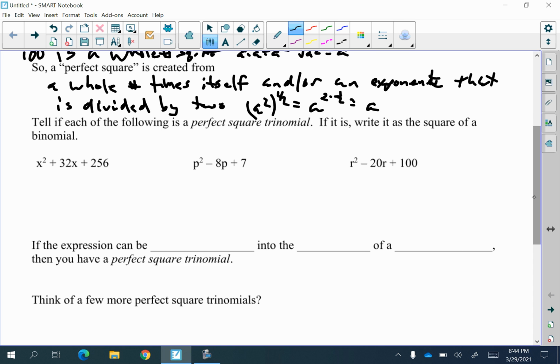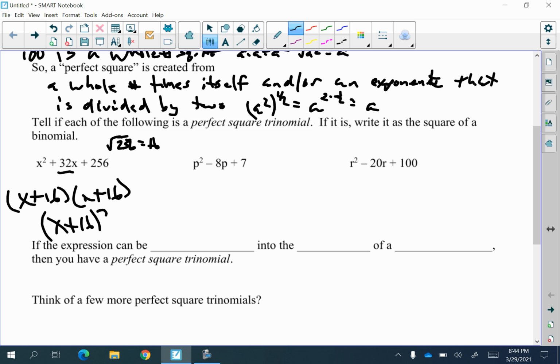If you figure out the square root of 256, it is 16. And I know that 16 plus 16 gives me 32. So we could factor that into two binomials, x plus 16 times x plus 16, or basically x plus 16 squared. Okay.